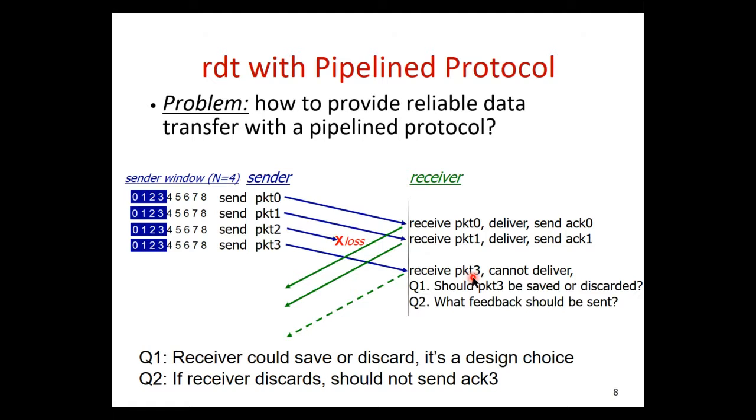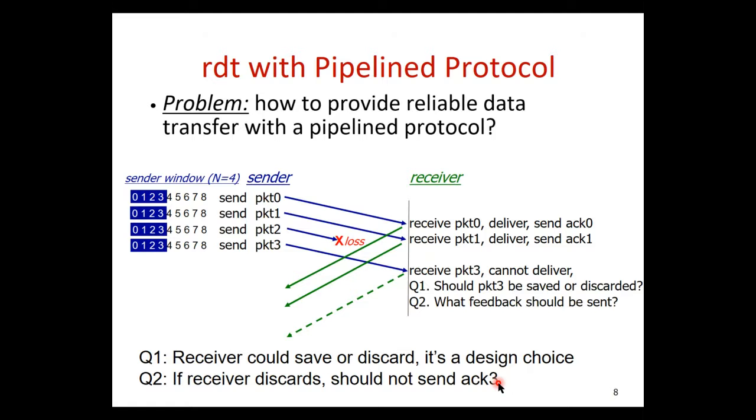The receiver can save the packet so that later when it receives packet 2, it will be able to deliver packet 2 and then packet 3. But that will make the receiver more complex. Now we could choose to make it simple by just saying, okay, packet 3 is out of order, I just discard packet 3, knowing that at a later point in time, packet 3 will have to be retransmitted. So it's a design choice.